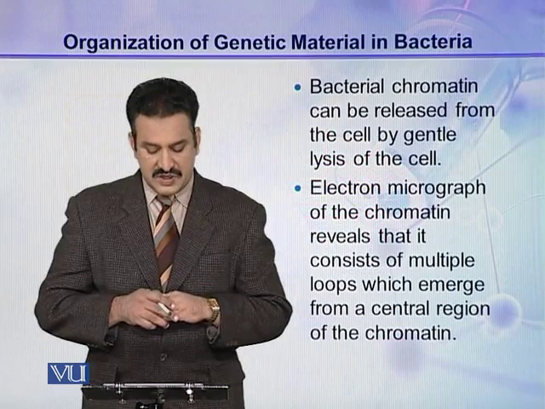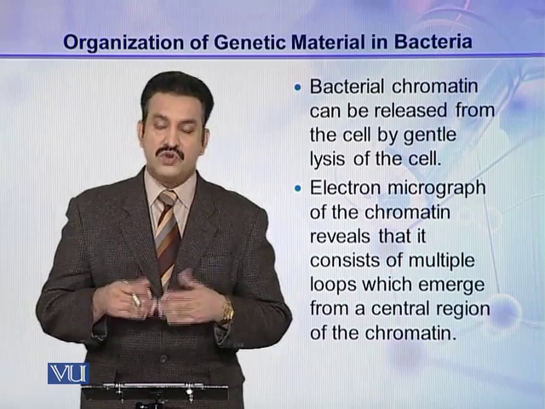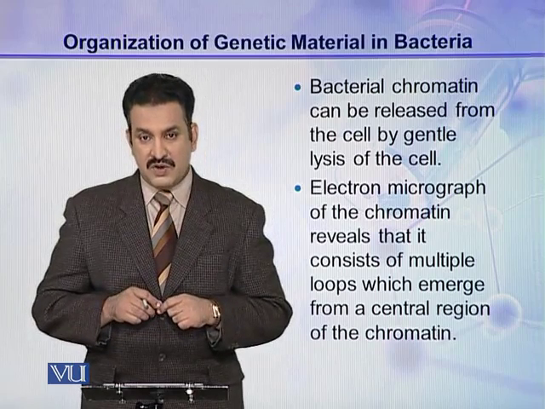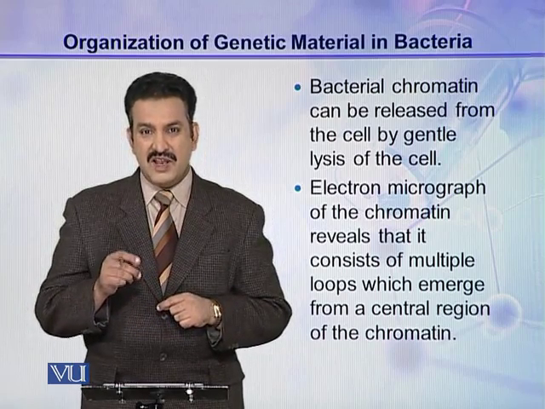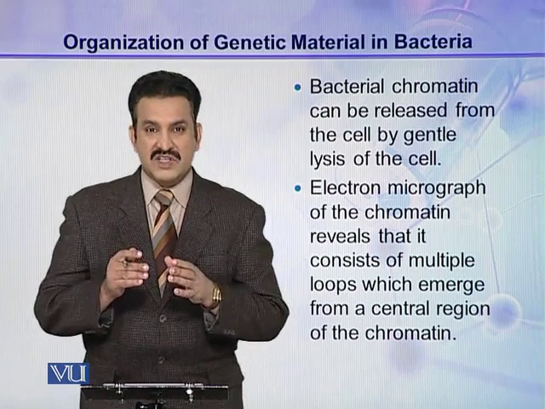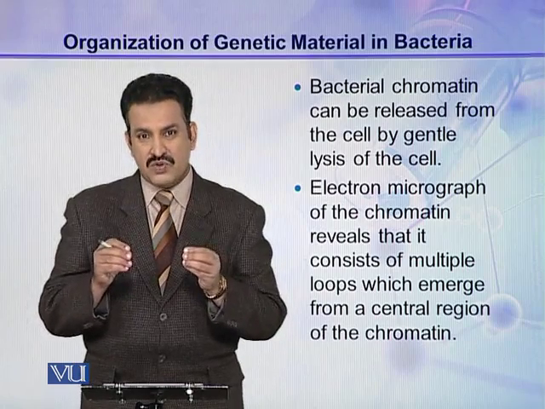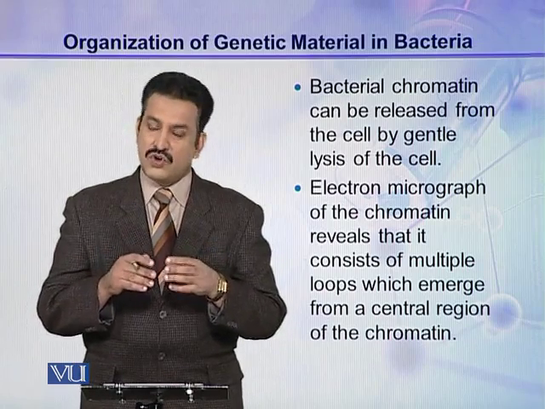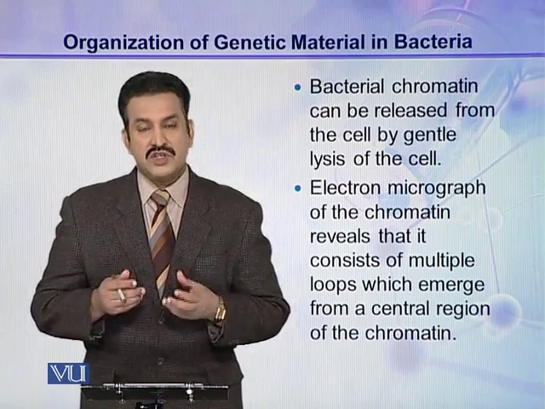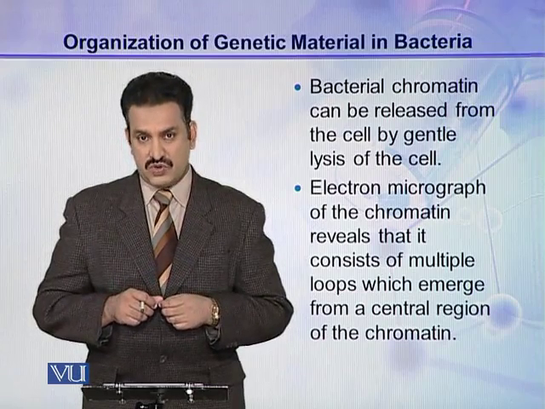This chromatin or nucleoid can be released from the cell when we gently lyse the cell. For example, when the cell is gently lysed or broken down, this nucleoid can be released from the cell, and it can be visualized under the electron microscope.